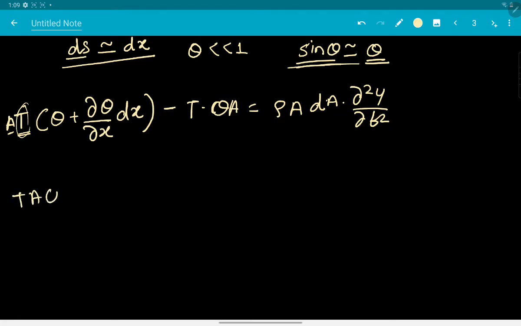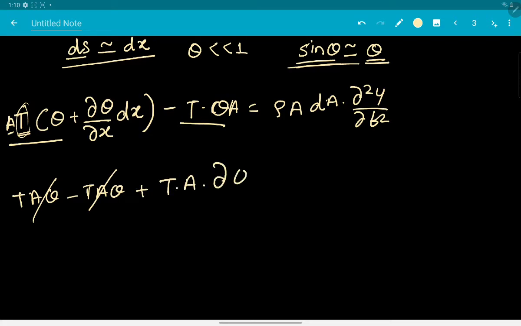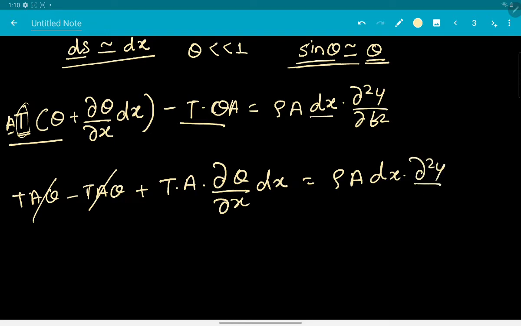So T A theta coming from here and this T A theta coming from this side will go away, and you will be left with T times A times del theta by del x dx, that is equal to rho A ds, which will be replaced by dx as this dx is very small, so it is dx times del square y by del t square.